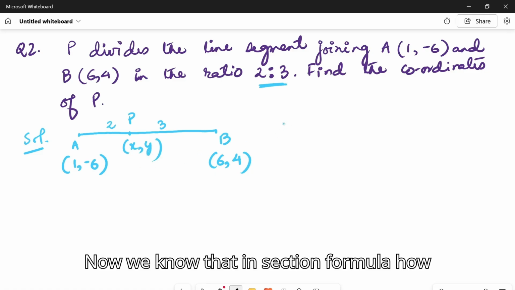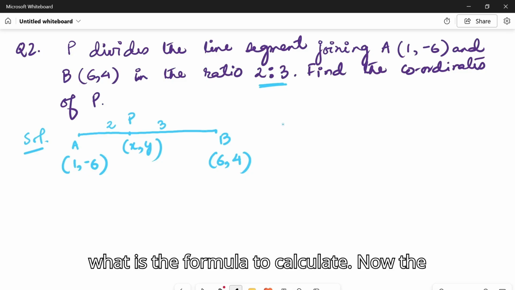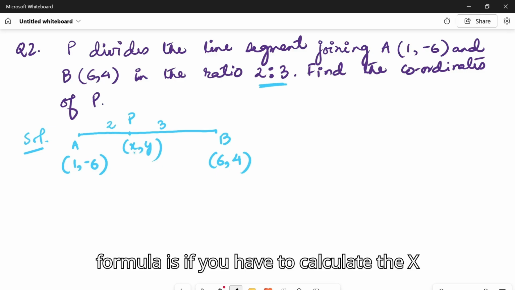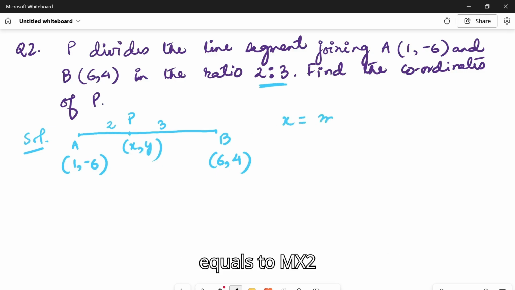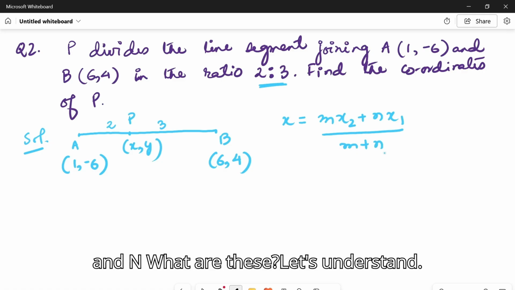Now we know that in section formula, if you have to calculate the x coordinate, we do it like this: x equals mx2 plus nx1 upon m plus n. Now x2, x1, m and n, what are these? Let's understand.